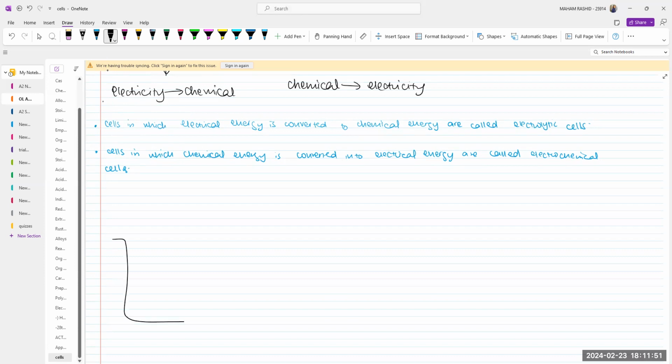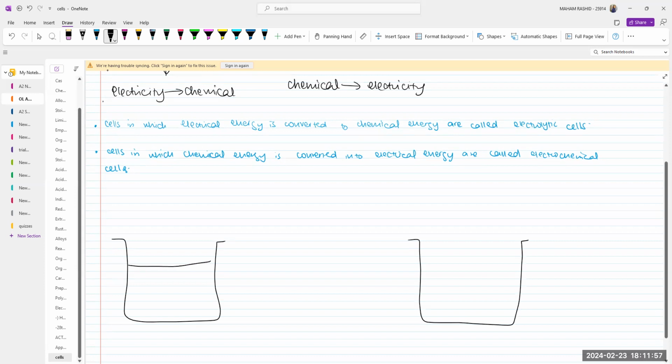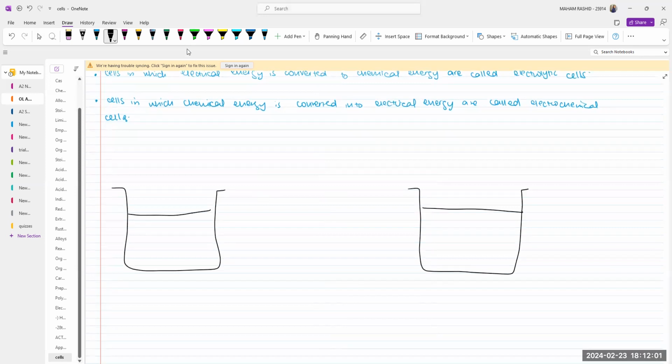So an electrochemical cell is basically two beakers where two different reactions take place. So we're basically comparing two metals. For example, I have a zinc ion solution here and a copper ion solution here. This could be zinc nitrate and this could be copper nitrate.